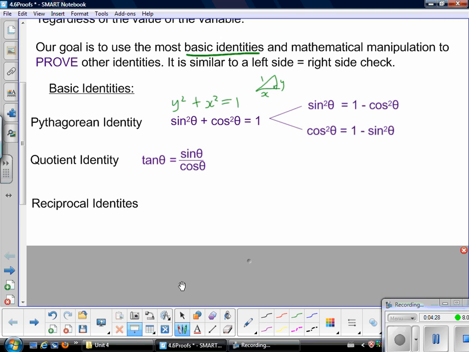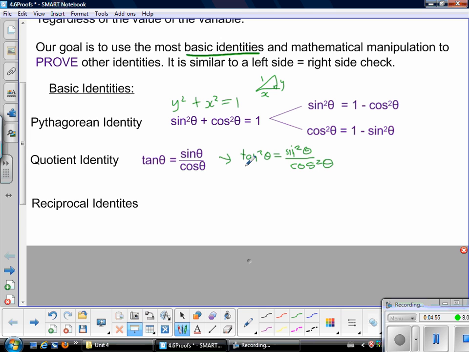All right. Now, this is also the quotient identity. So if I square both sides, tan squared theta equals sine squared theta over cos squared theta. So that is still the quotient identity.